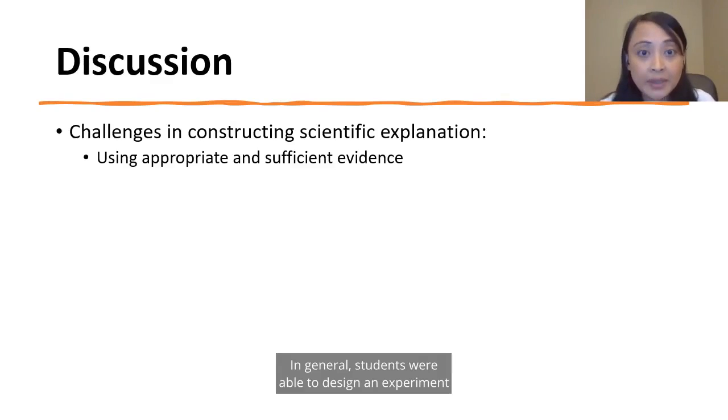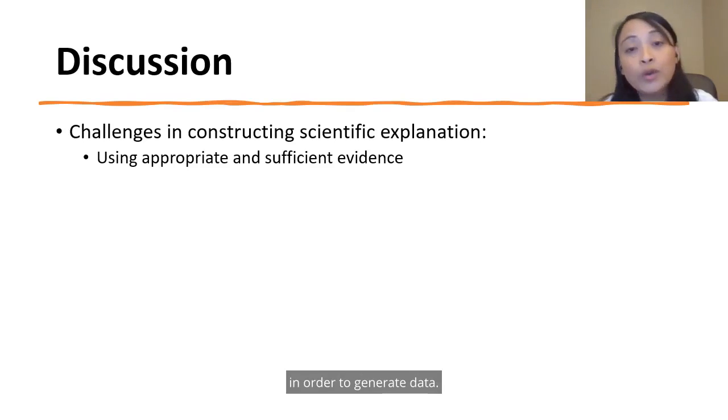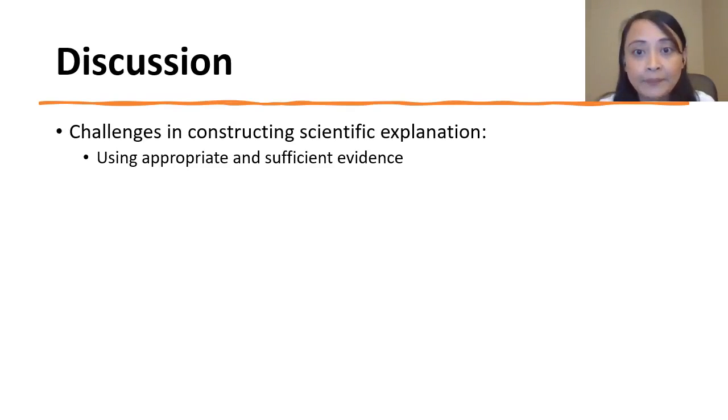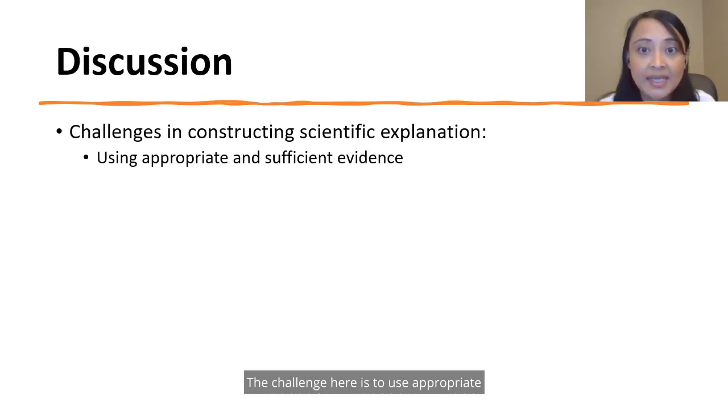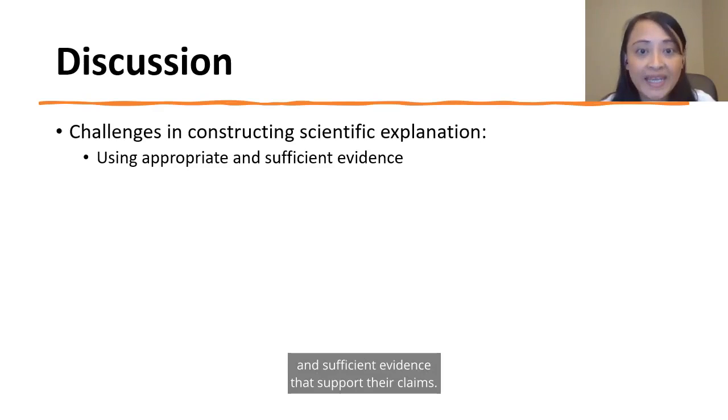So in general, students were able to design an experiment using isolation and control of variable strategies in order to generate data. The challenge here is to use appropriate and sufficient evidence that supports their claims.